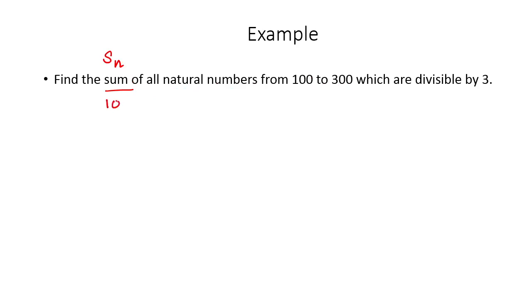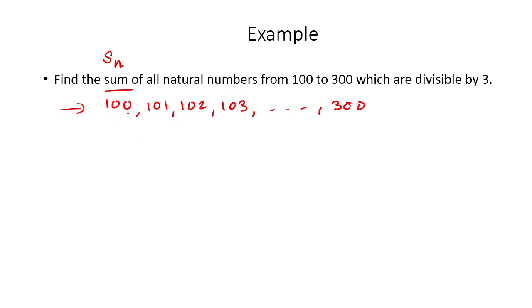So the numbers that we are referring to are 100, 101, 102, 103 and so on, till 300. So we want to find the sum of all the natural numbers from 100 to 300 which are divisible by 3. Now which are the numbers in this sequence which are divisible by 3? We'll have to list out all those numbers first.